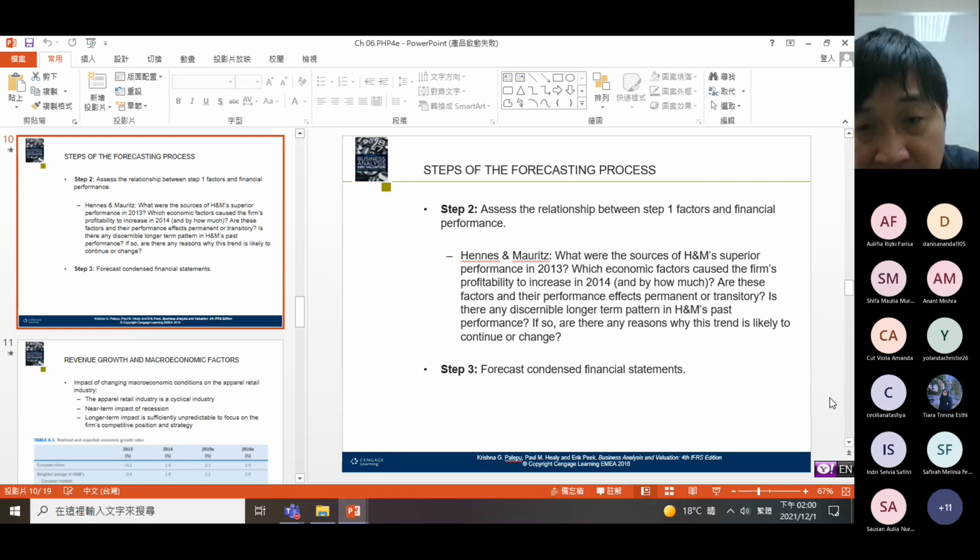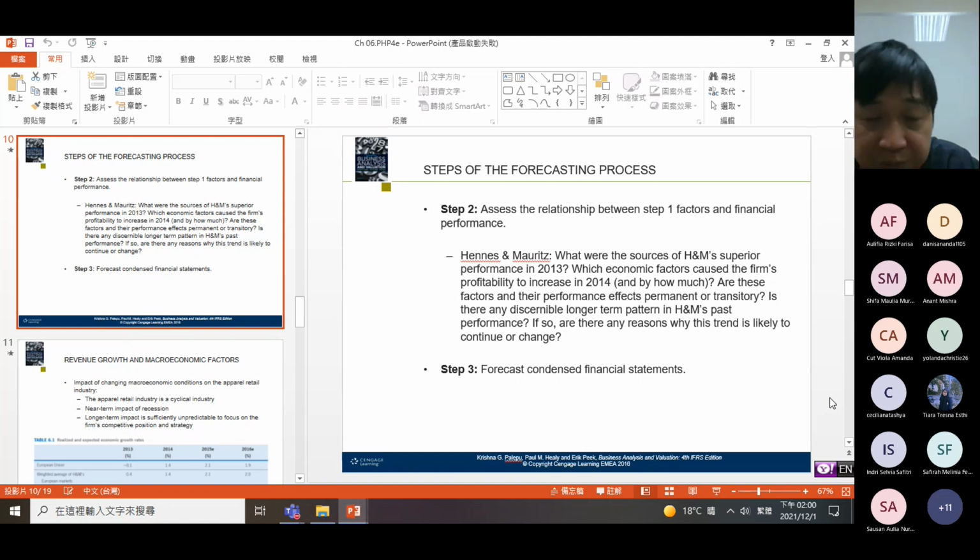Are these factors and their performance effects permanent or transitory? Is there any discernible long-term pattern in H&M's past performance? If so, are there any reasons the trend is likely to continue or change?